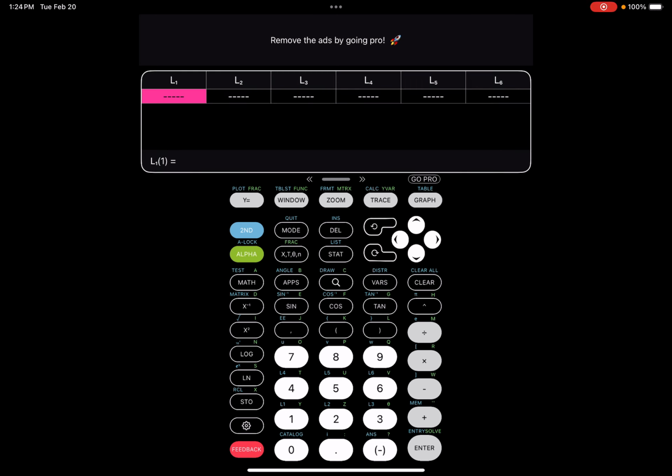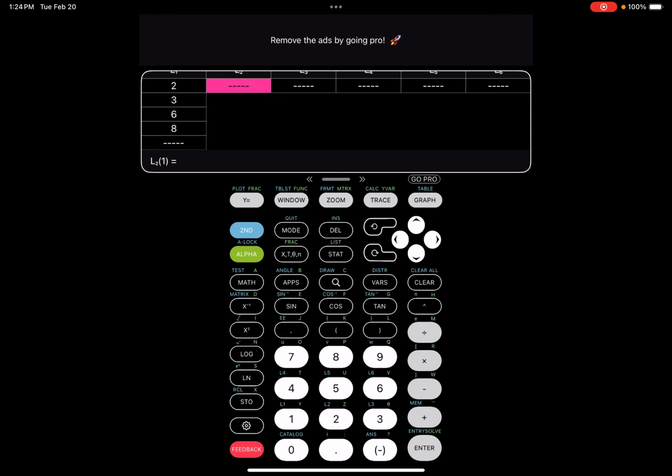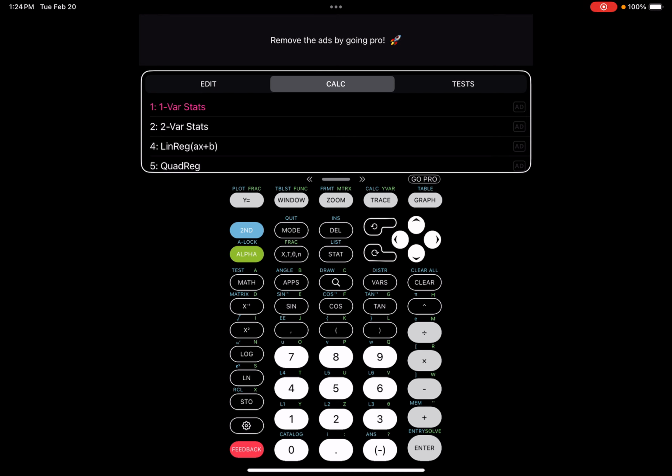On the left side, I'm going to type in the x's. So 2, 3, 6, 8. Move over. 7, 13, 24, and 27.